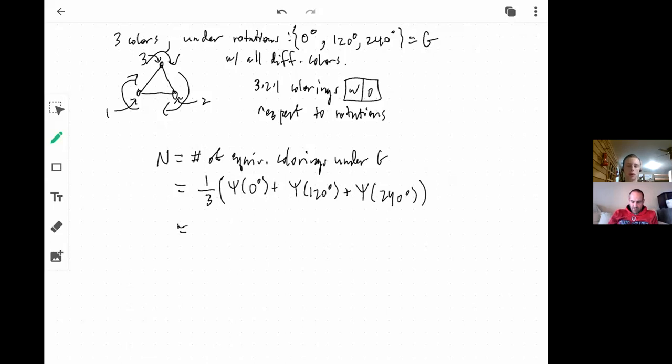So how many of the colorings are left fixed by 0-degree rotation? 3 factorial. All of them. What about the number of things that are left fixed by 120-degree rotation?